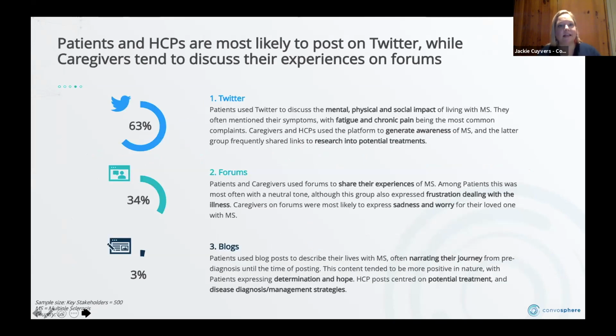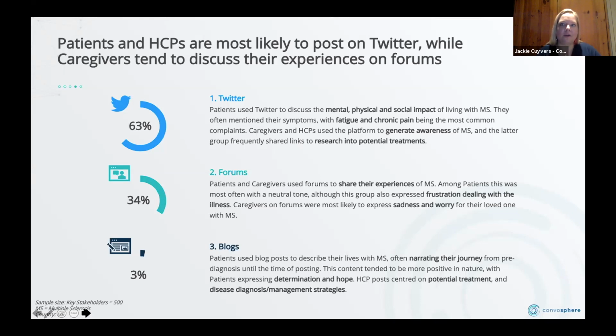So patients and HCPs were the most likely to speak on Twitter, whereas caregivers were more often seen on forums. Patients were there as well. This is fairly typical of different therapeutic areas, and we would expect to see the HCPs primarily on Twitter. HCPs, as I mentioned, generally represent a smaller subset of the stakeholder participation in a therapeutic area.